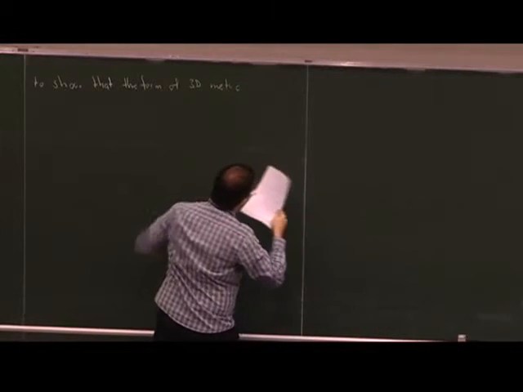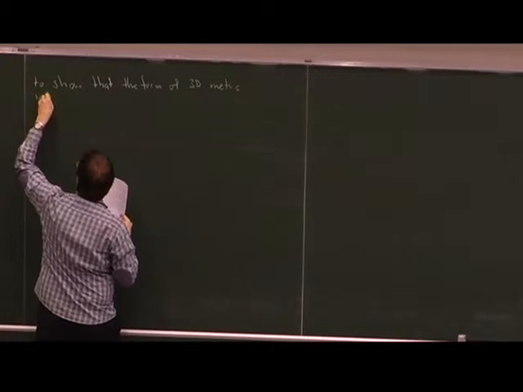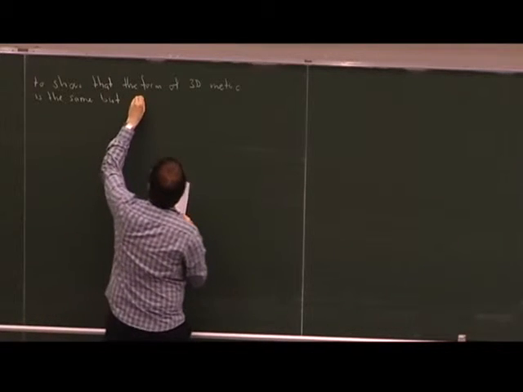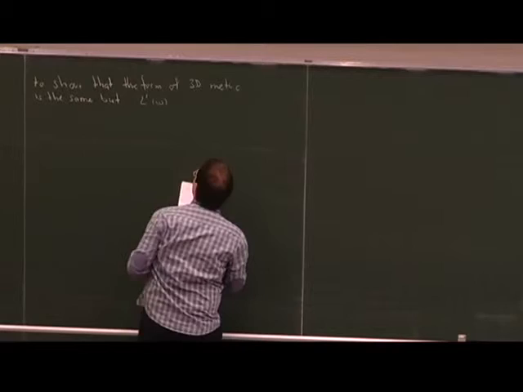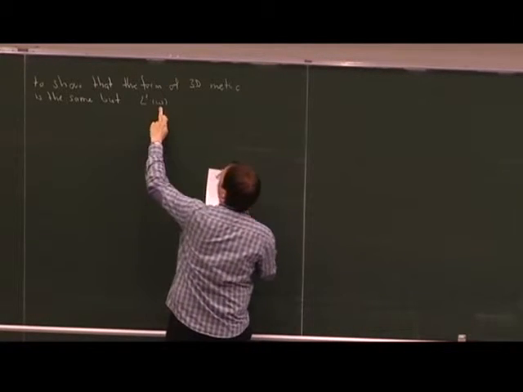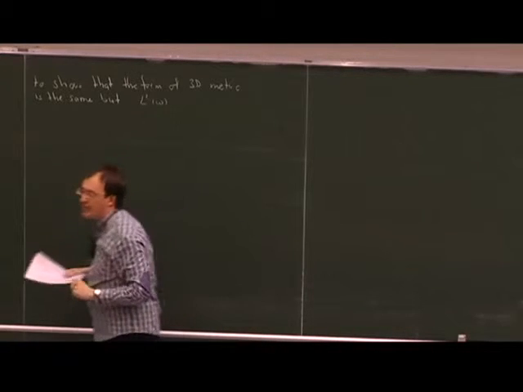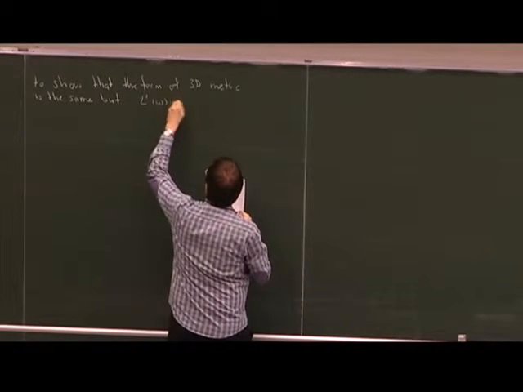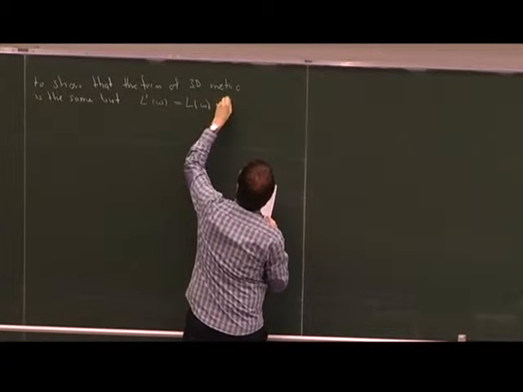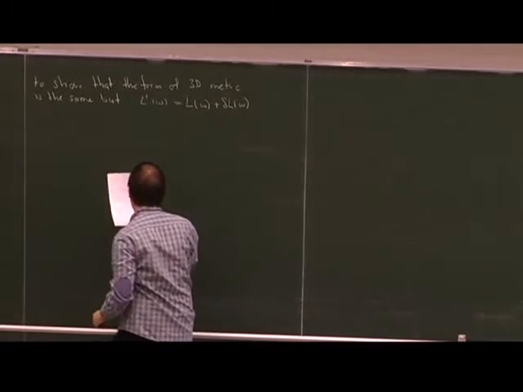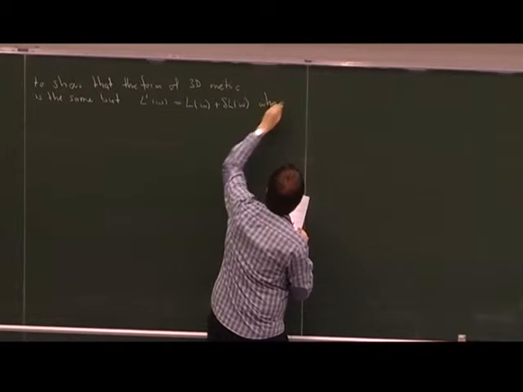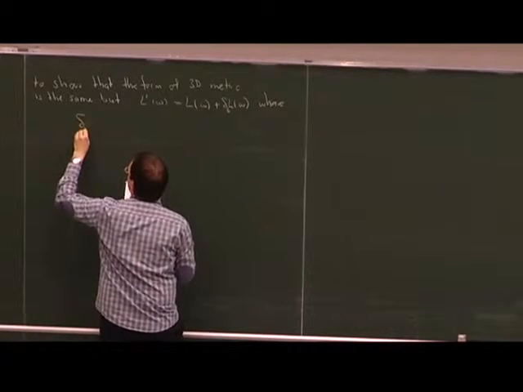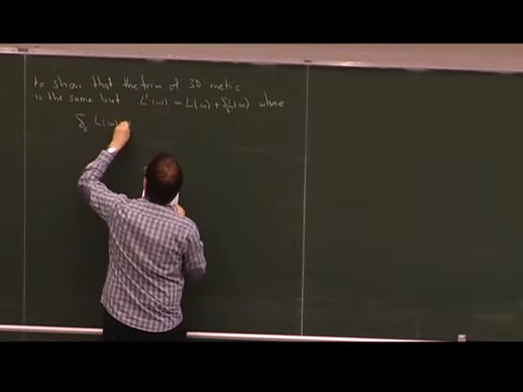So this 3D metric which I wrote down is the same, but in these primed coordinates we have an L prime of W, and here I don't write down W prime. I want to evaluate it at W, and this is given by the original function plus a small correction. This small correction is given in the following form.